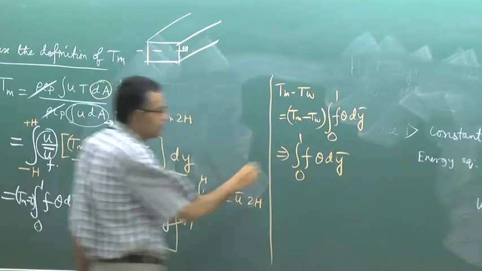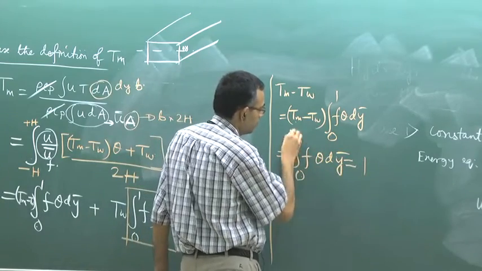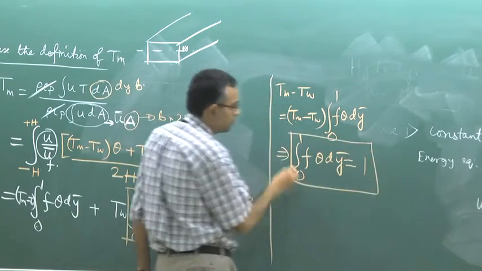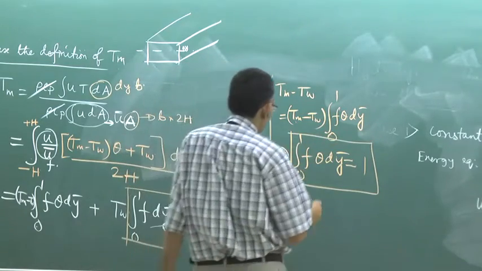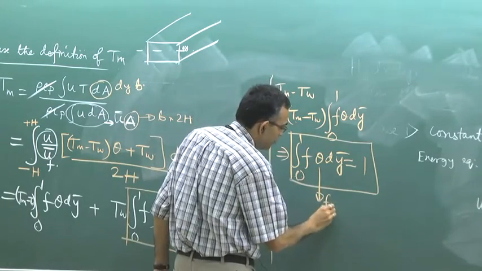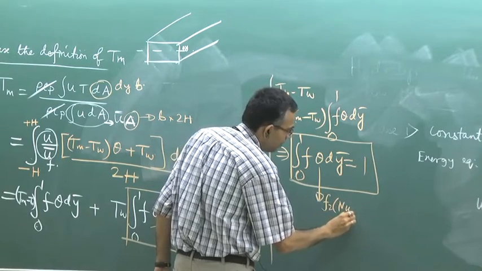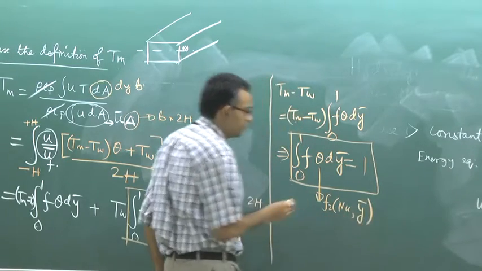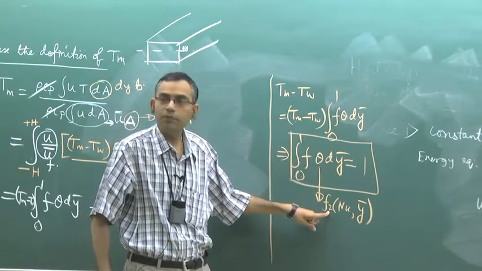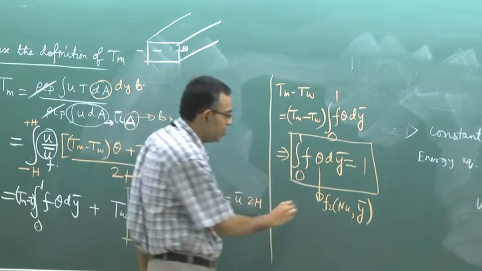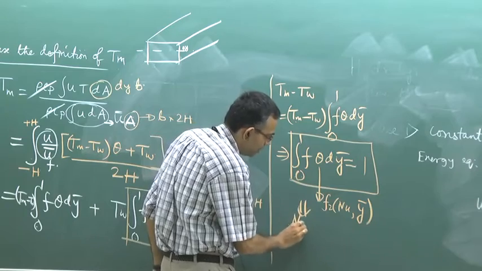This is the constraint. So theta will be, now you can write, f2 of Nusselt number and y bar. The functions f and f2 are completely known, so this will tell you what is the Nusselt number based on h.